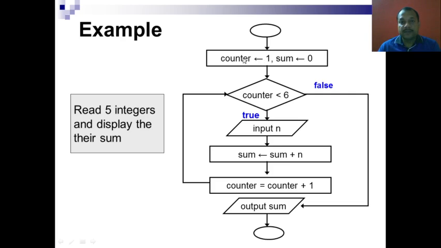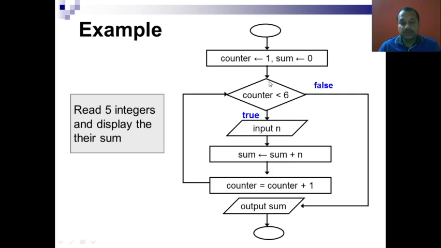The counter variable will keep track of how many numbers have already been read, and that way it will control how many are remaining. Since 5 integers are to be read, it is a counter control iteration. On the other hand, sum is a variable where the sum of the 5 integer values will be stored. Since it is an addition, sum is initialized with 0.